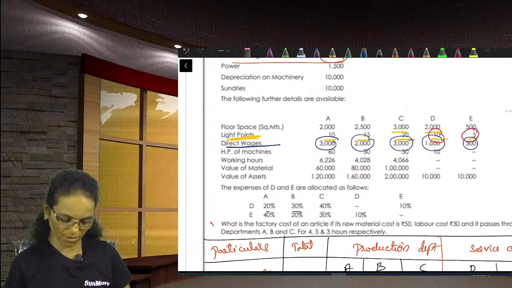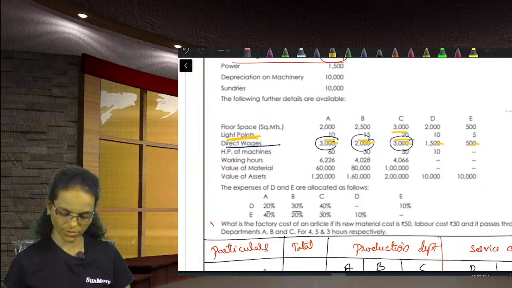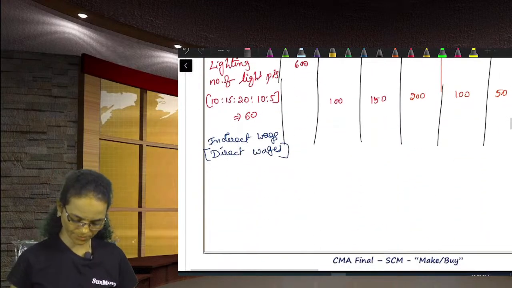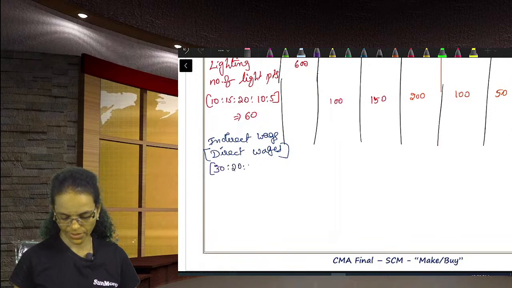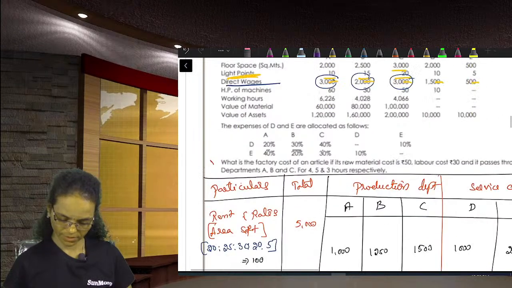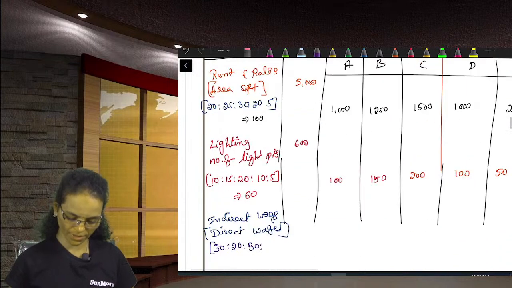Everywhere 2 zeros are common, remove them: 30, 20, 30, 15 and 5.